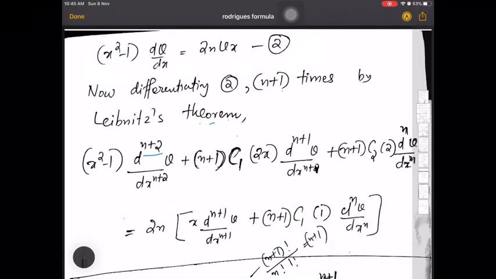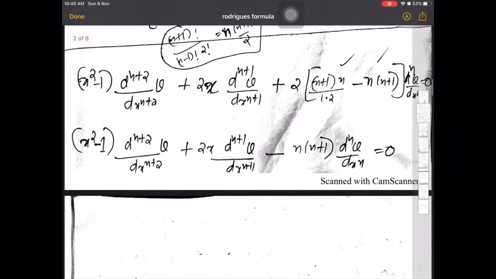Now what we do, we differentiate the above equation n plus 1 times, by Leibniz theorem or Leibniz formula. What is the Leibniz formula?